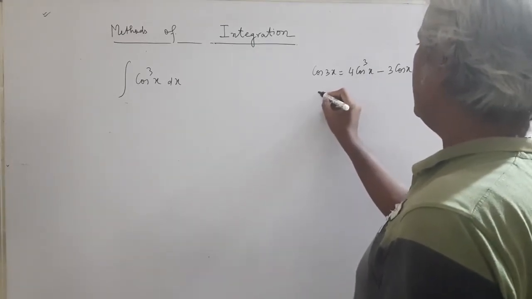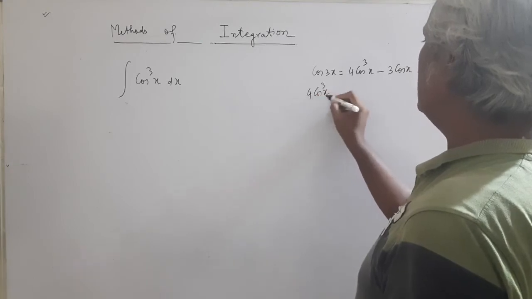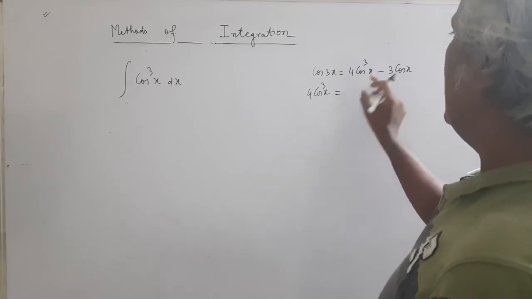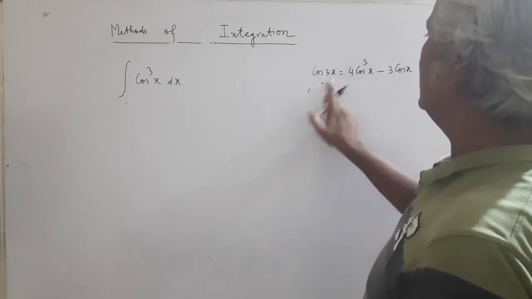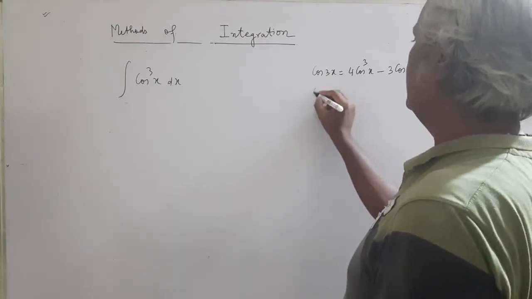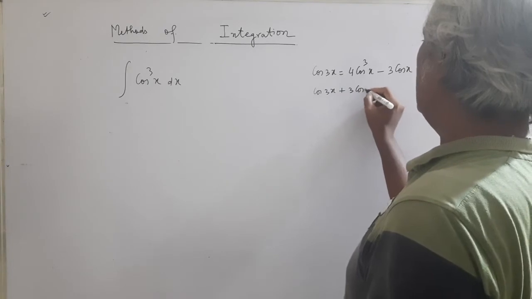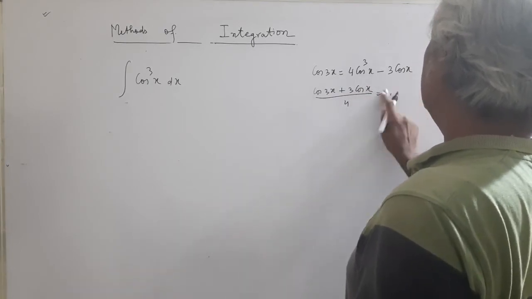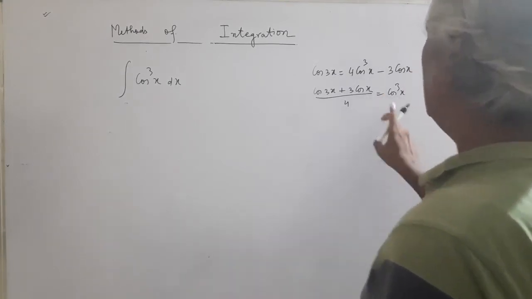This time I'll make cos cube x the subject. So 4 cos cube x remains here only, and I'm taking the other term on this side, so don't get confused. So write (cos 3x plus 3 cos x) all divided by 4 is cos cube x. So instead of integrating cos cube x, I integrate this term.